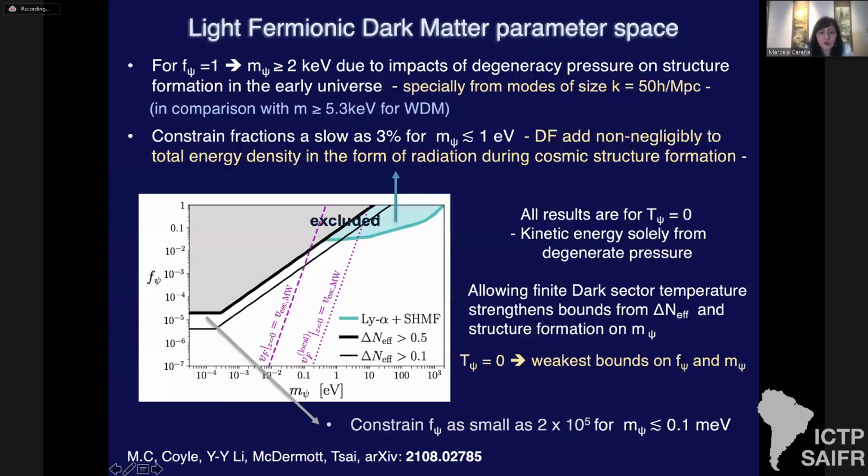Okay, so going back to the fermionic parameter space, this is kind of the result. We see that if the whole dark matter is given by this fermionic dark matter, then we found that the mass of the fermion has to be above 2 keV, and this is due to the impact of degeneracy pressure on structure formation in the early universe.